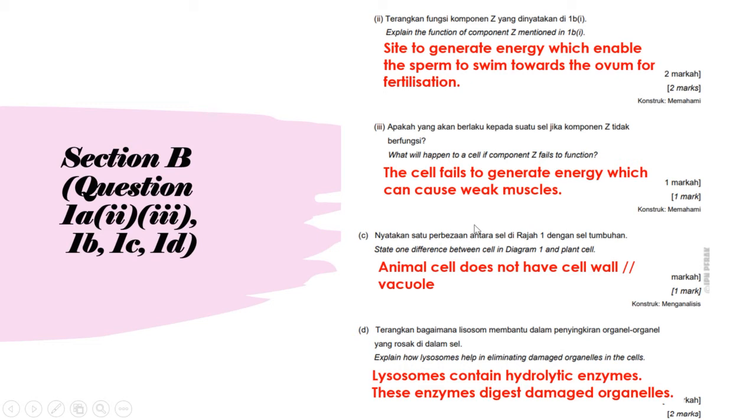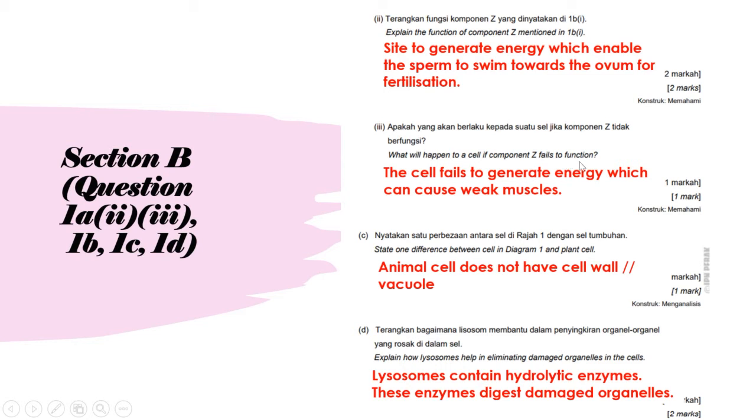Next we go to question 1B3. What will happen to a cell if component Z, the mitochondria, fails to function?